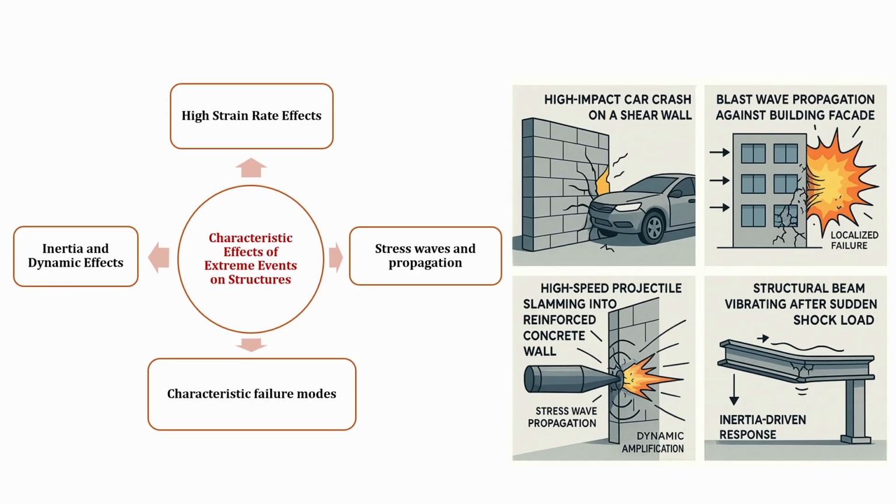So what are the different hallmarks that we see in this type of blast events? There is a high strain rate event effects, there is a very fast stress wave propagation in the structures, the inertia and the dynamic effects are engaged very fast, and there are certain characteristic failure modes that are different from our normal failure modes.